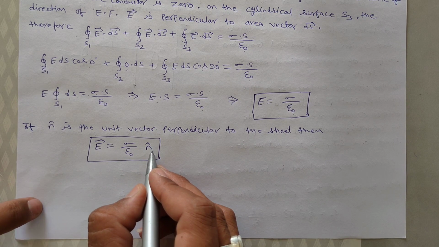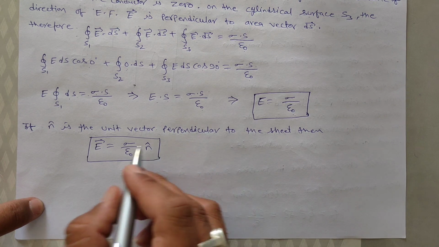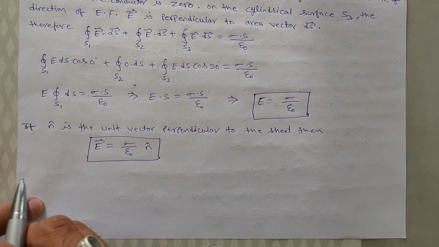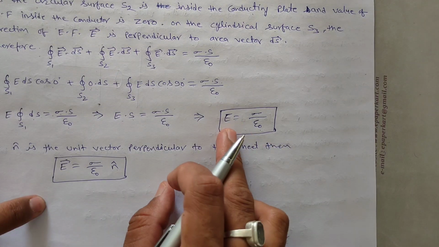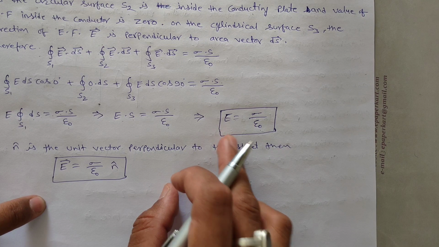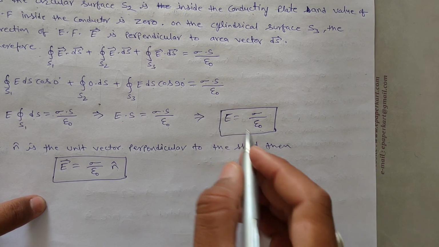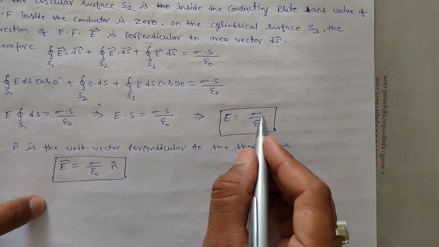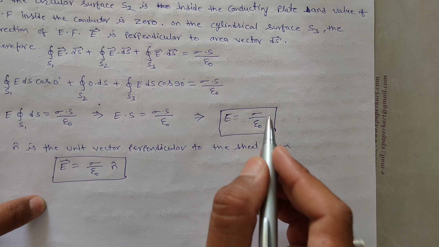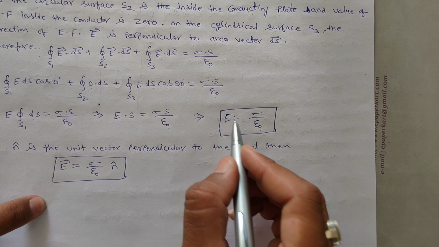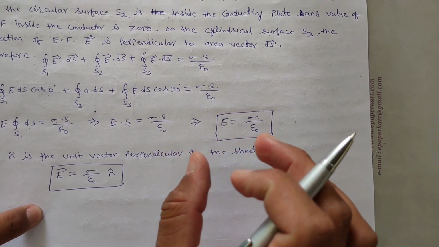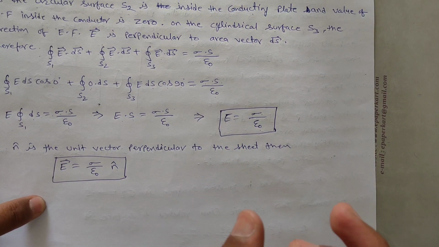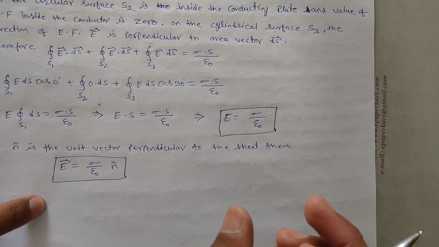Here n cap is the unit vector which represents the direction of this electric field, which is perpendicular to the sheet. Okay. From this equation, we can see that electric field intensity depends upon surface charge density, and electric field intensity does not depend on the distance between the observation point and the sheet.